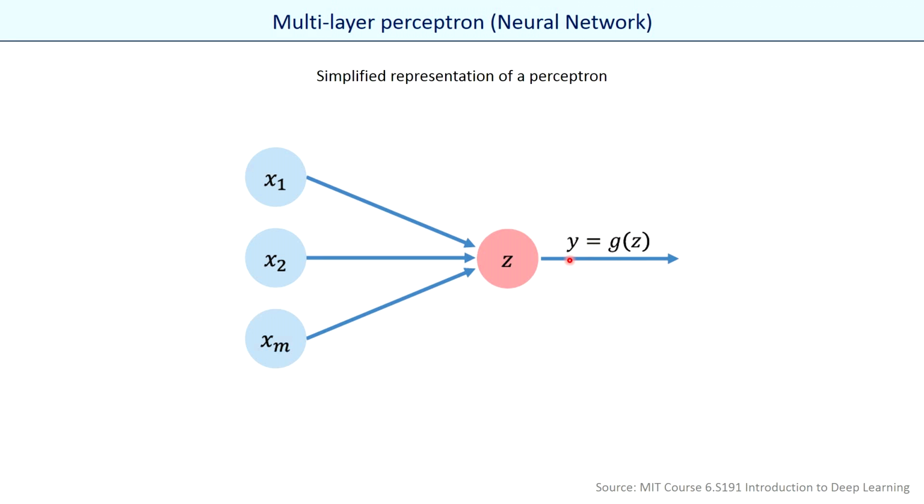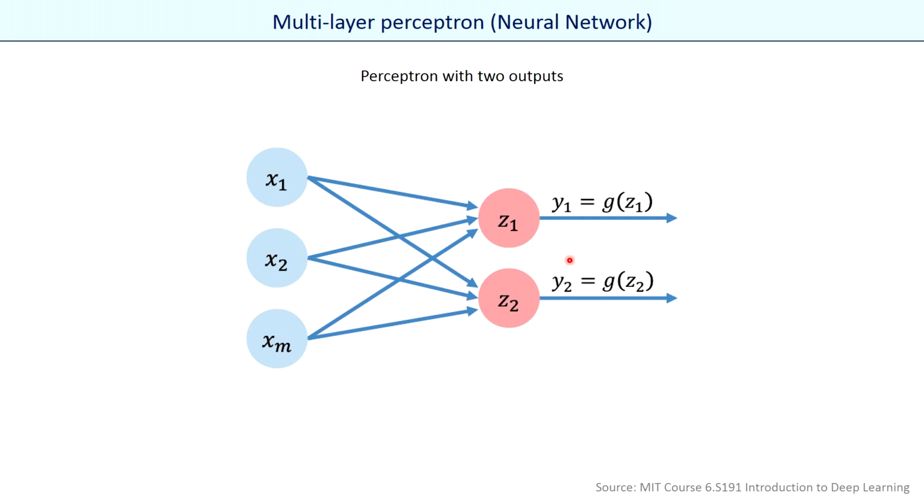Let's add a second output. This figure corresponds to two logistic regressions, which are trained separately. For example, the first output could correspond to the probability for a sample to be acute myeloid leukemia, and the second output to acute lymphocytic leukemia. For the moment, the outputs are not interconnected.